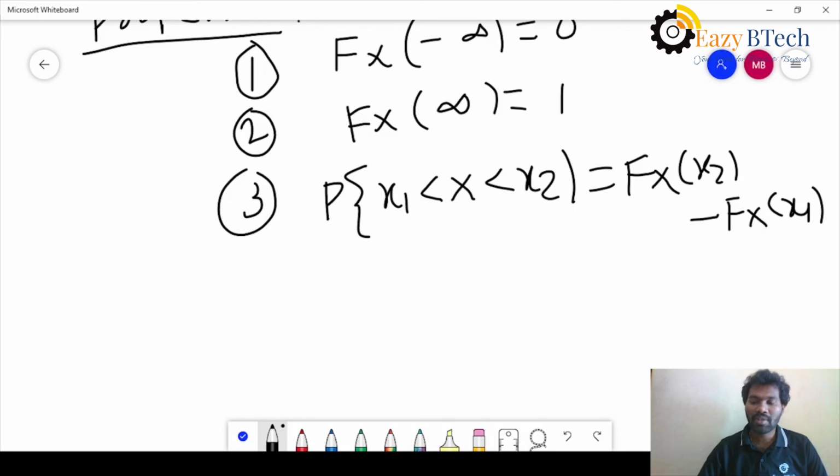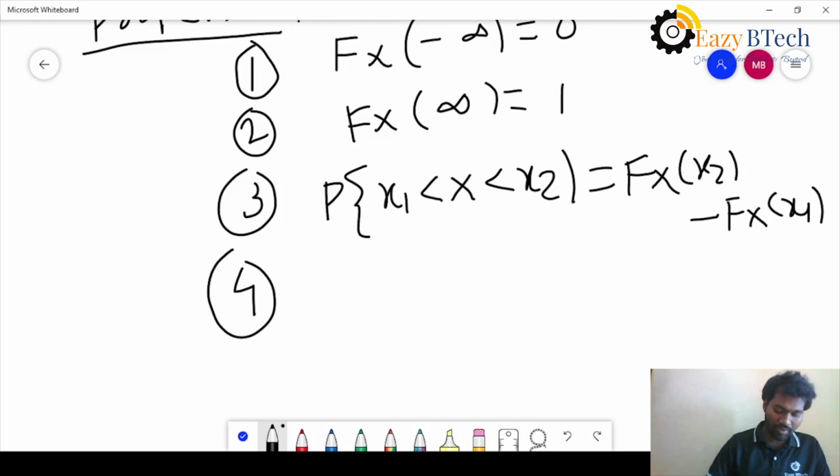This is the third property. So if the random variable is in between two numbers, then the probability is F_X of x2, the upper number, minus F_X of x1, the lower number.